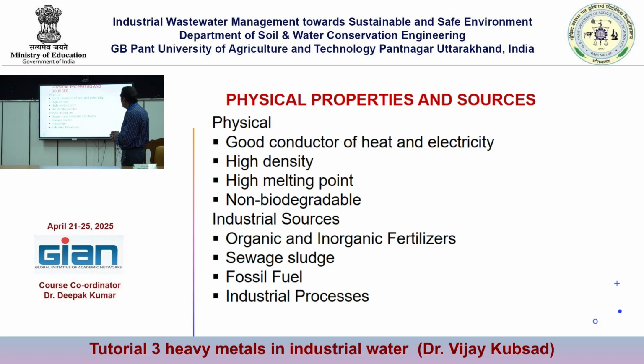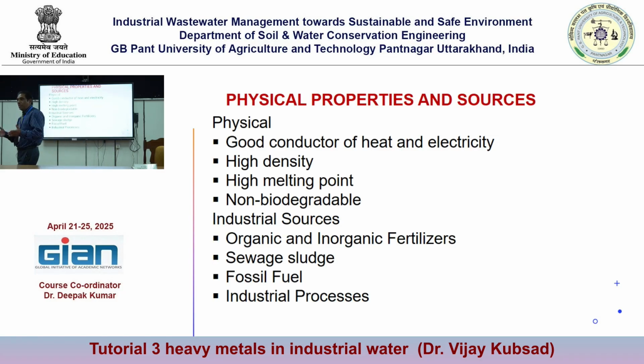So, physical properties and sources: good conductor of heat and electricity, high density, high melting point, non-biodegradable. Industrial sources, organic and inorganic fertilizers, sewage sludge, fossil fuel and industrial processes.